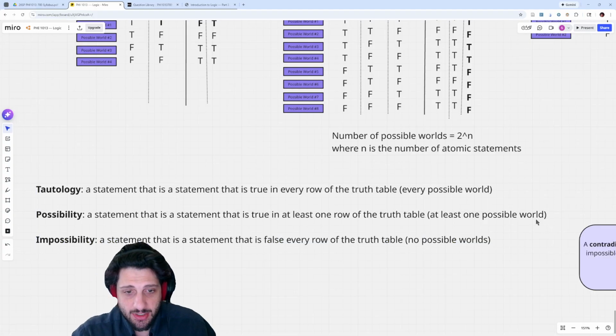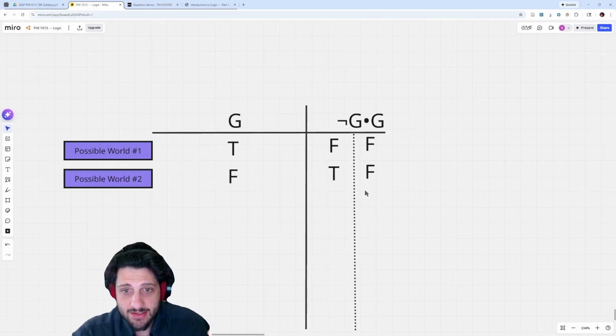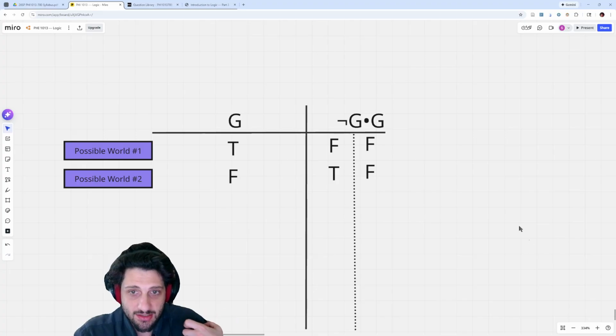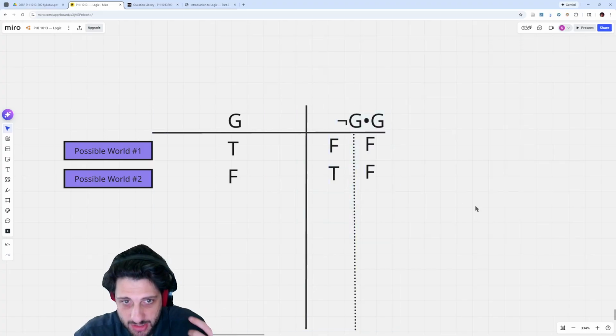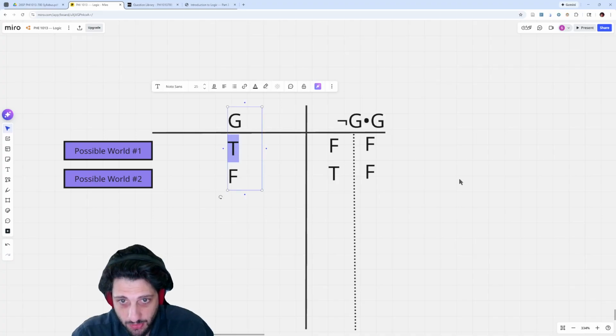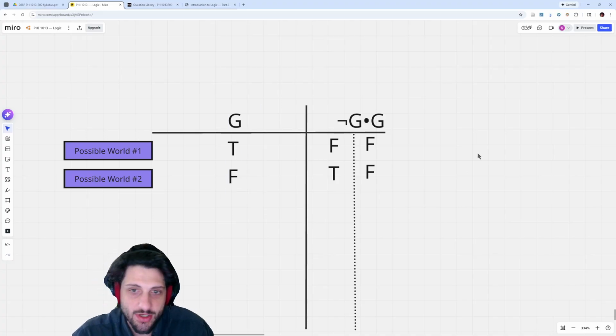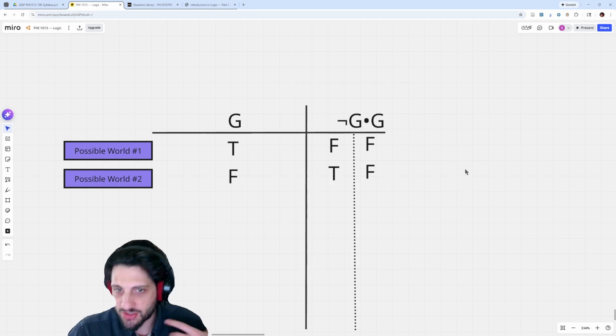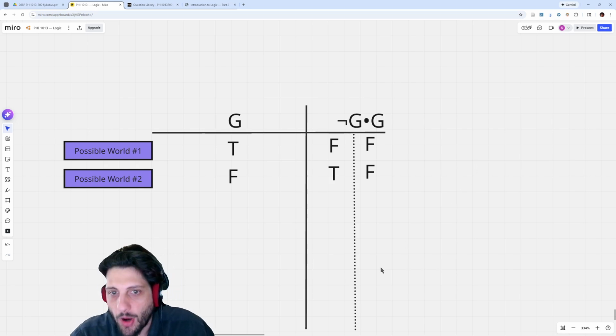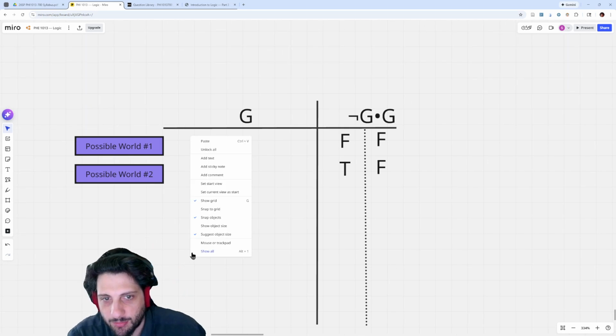An impossibility is like what we just saw at the very end here. No matter what G is, this complicated statement cannot be true. G might be true, but to say G is true and it's false is always wrong. To say snow is white and it's not white is just a false statement.